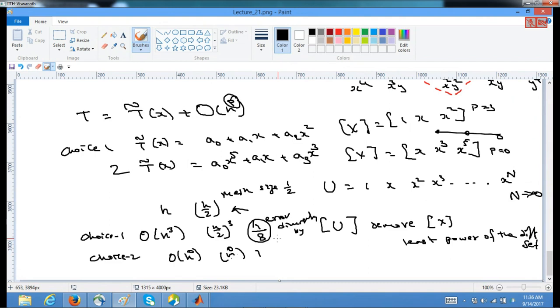However small you make the mesh, 1/2, 1/3, 1/4, the error will not decrease. Whereas in the other case, if I do 1/3, then to the power of 3, the error would decrease as 1/27. If I do 1/4, the error would diminish as 1/64.